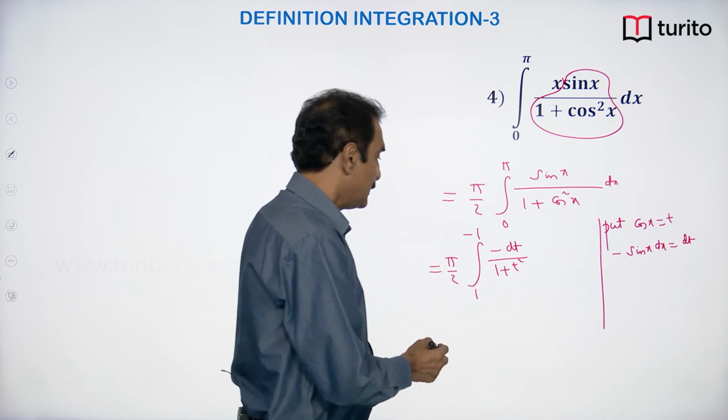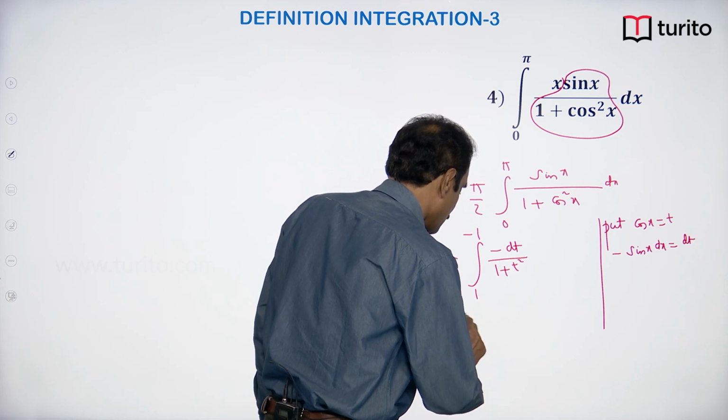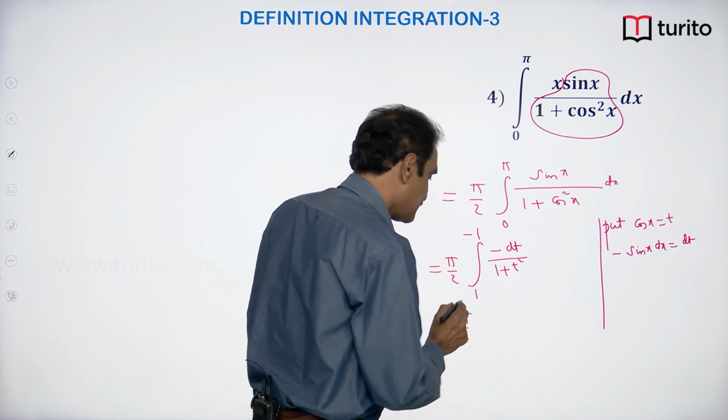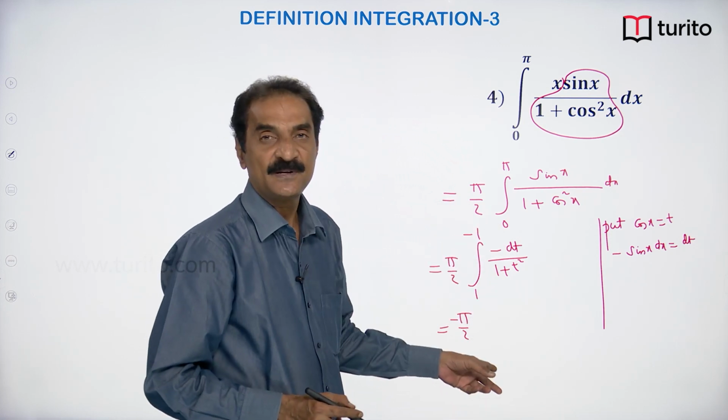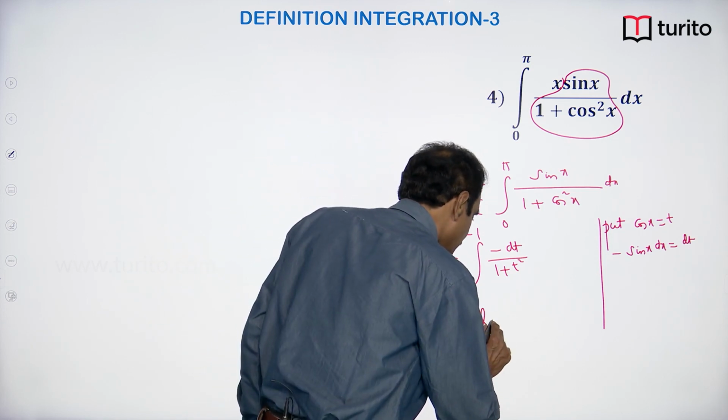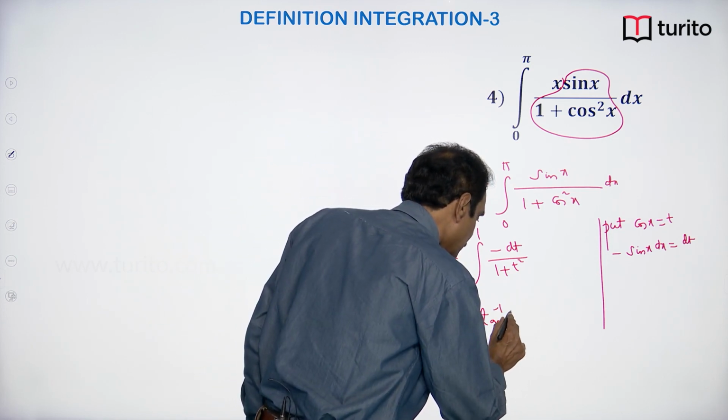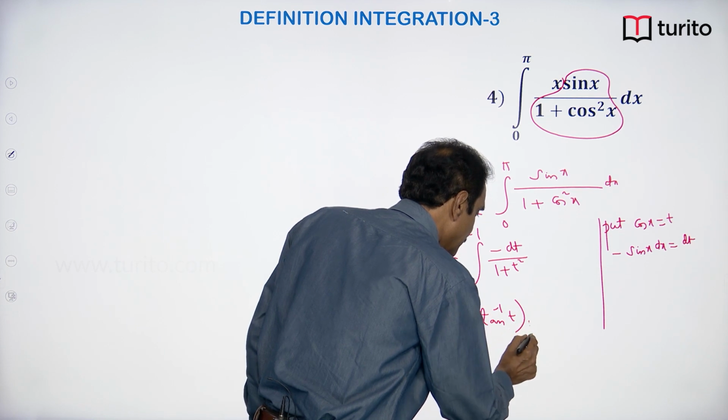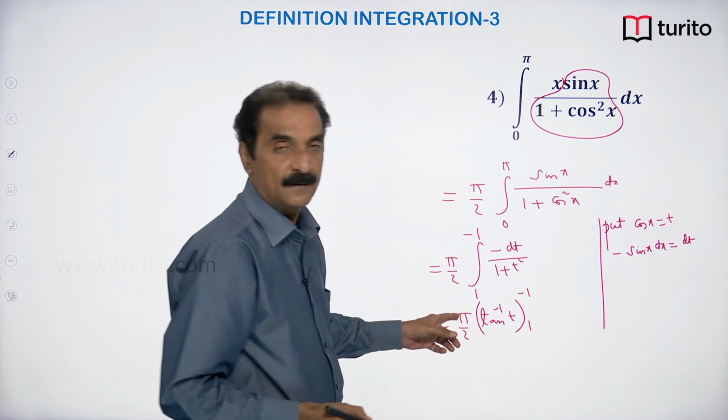Okay. Now pi by 2 into minus, integral 1 by 1 plus t square is tan inverse t, between limits 1 and minus 1.